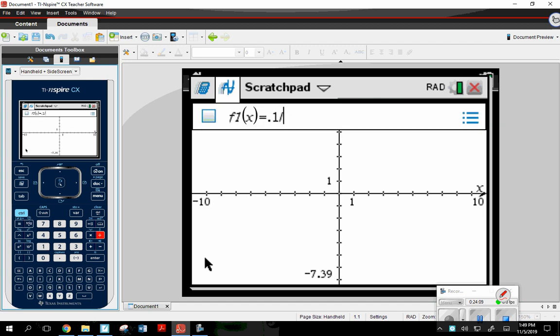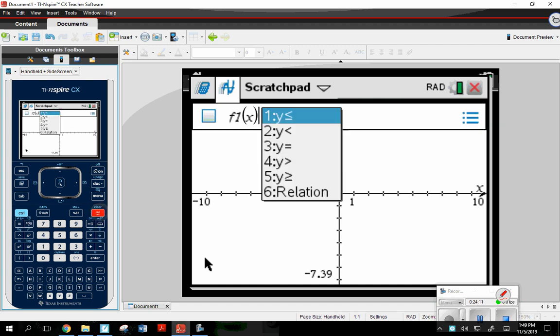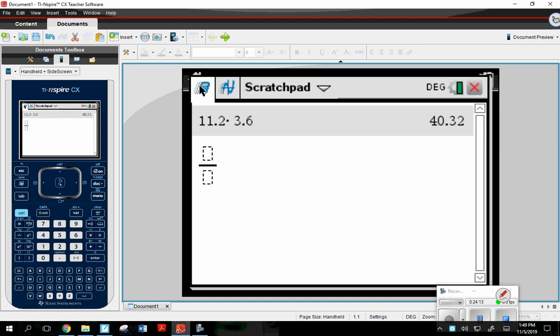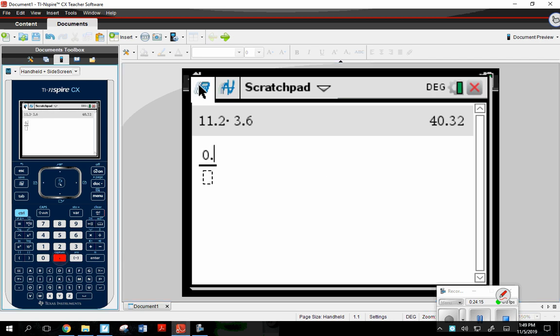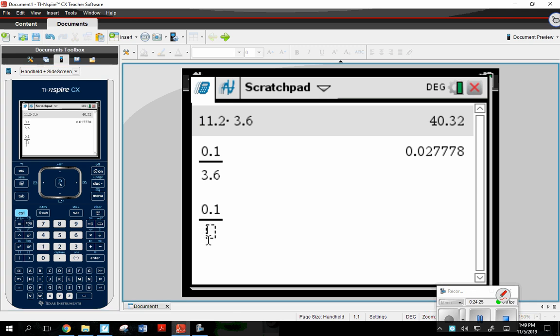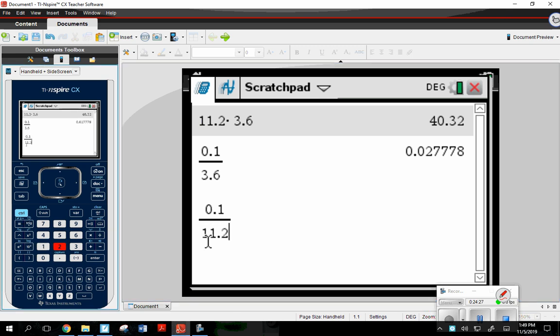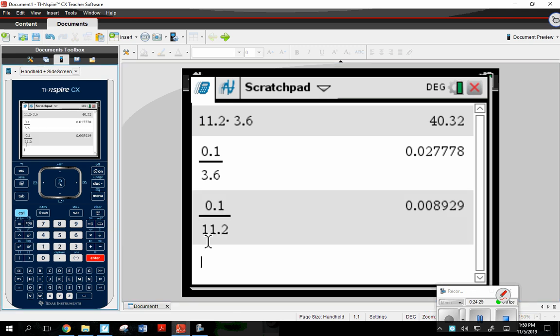So 0.1 over 3.6. I got 0.0277 repeating again. If I take the 0.1 divided by the 11.2, I got that same relative error. So I'm going to add these. That's the percent that I need to take of the original operation.